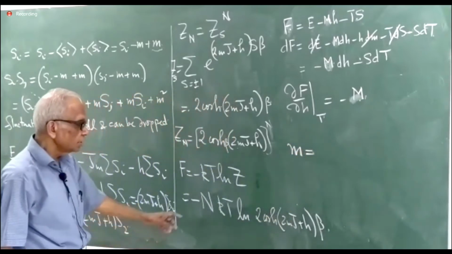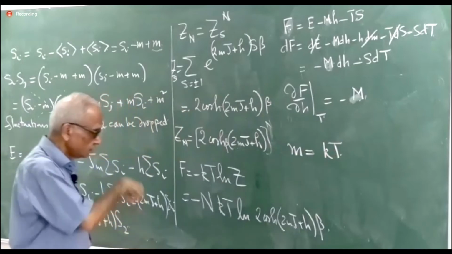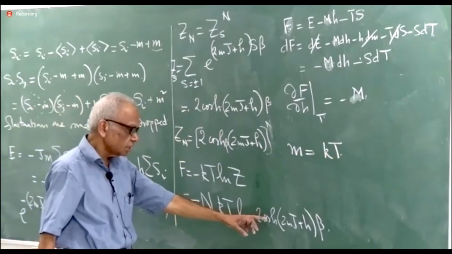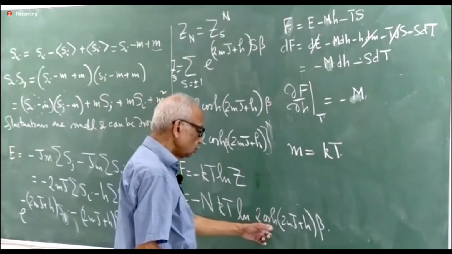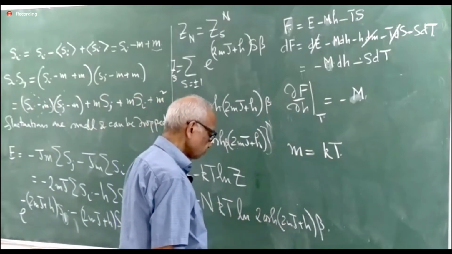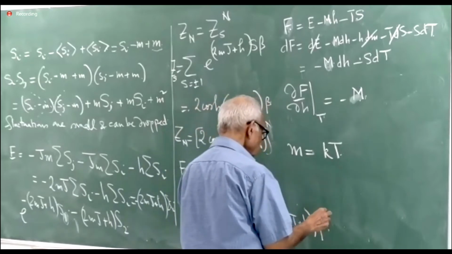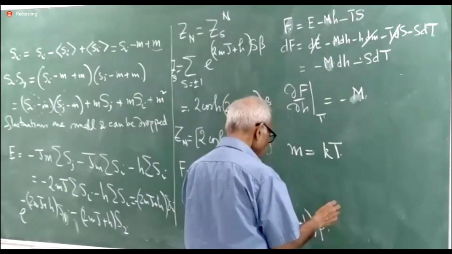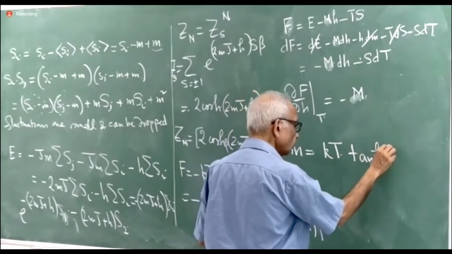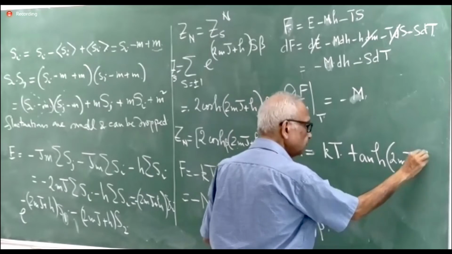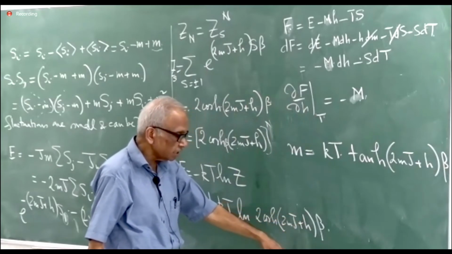so here is del F del H, which is to be taken, the kT which sits outside over here, and then it is a log, and so this comes in the denominator, so there is a 2, and the cosh of this, and then you go to the top, you get a sinh of this, and so the sinh, again the cosh, gives you a tanh, which is 2mJ plus h times beta, and then it's a derivative with respect to h, so I get beta down.